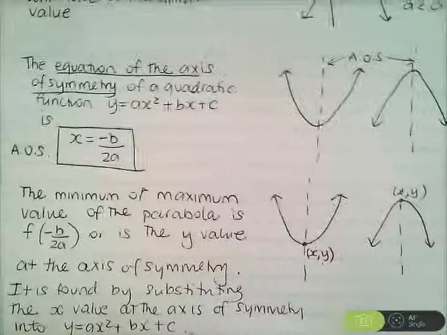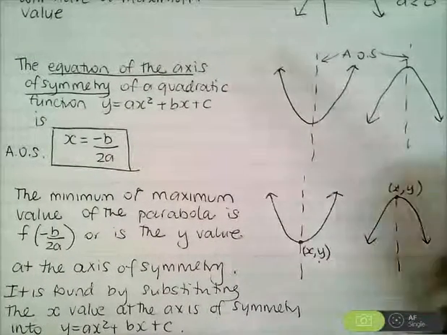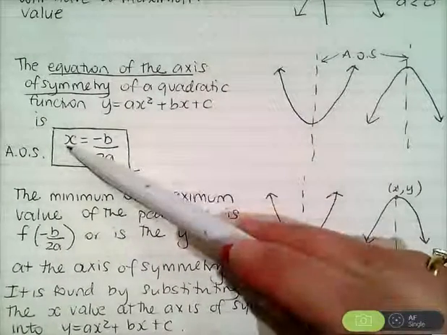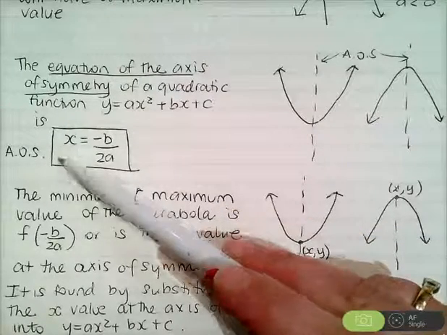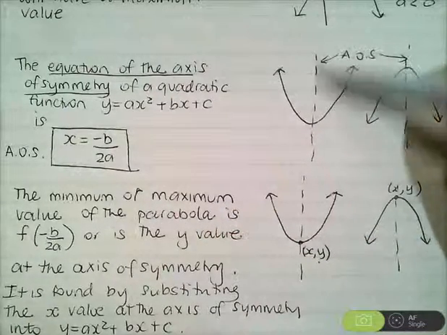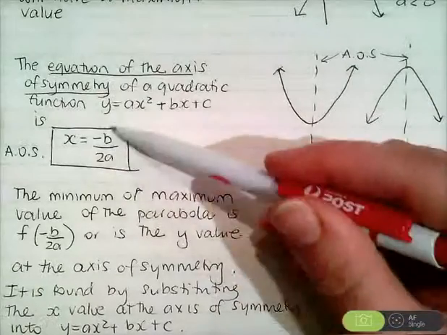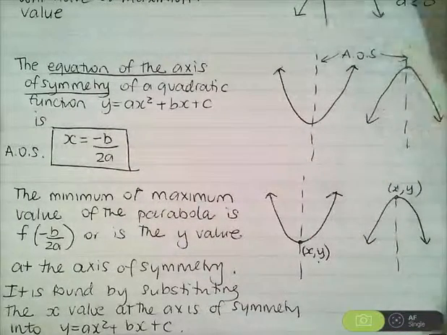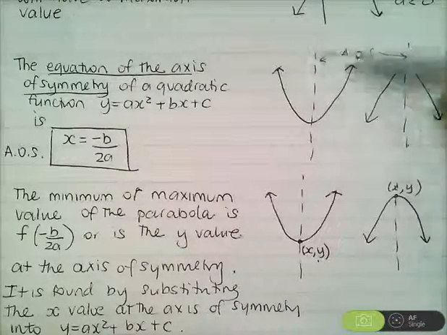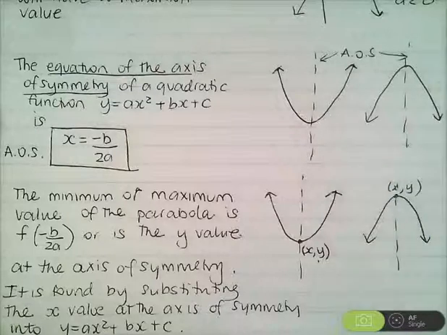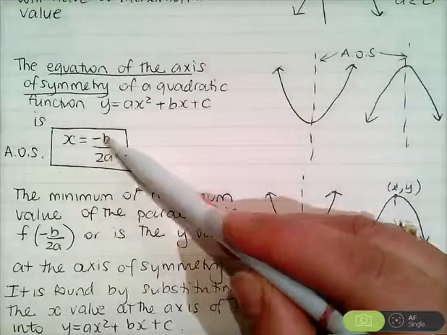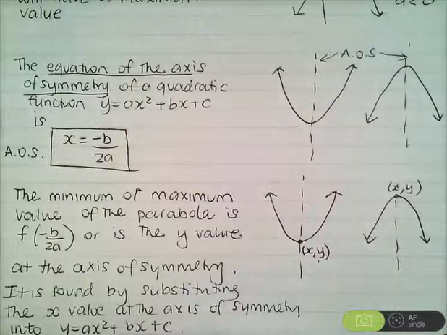Okay, now I'll do that in some of the examples, but you can just use the formula. The axis of symmetry is actually a straight line. It's an equation, so it will be x equals something with these parabolas. So it might be x equals 2 or x equals 1 or x equals -3. So the way it's found is using this formula, x equals minus b on 2a.